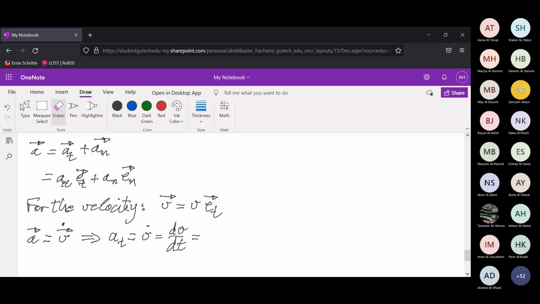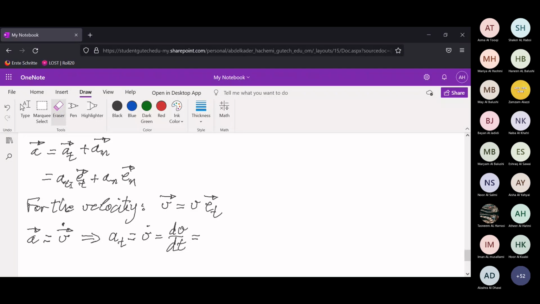Now, if you look at the definition of the acceleration, it is the velocity dot, and we have the tangential one, as it's in the tangential direction. If we make the equality, v dot e_t, then v dot will be only the acceleration in the tangential direction.